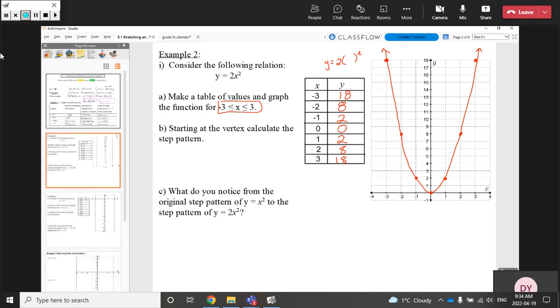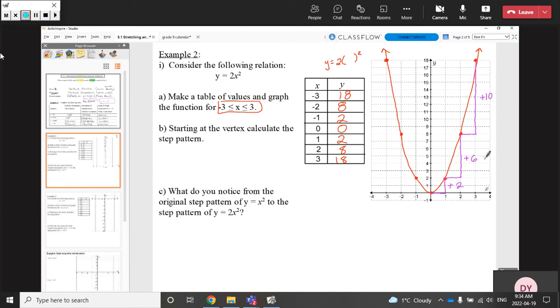It says here, starting at the vertex, calculate the step pattern. So we're going to start here at the vertex, and every time we go over 1, the way we go up or down becomes our step pattern. So over 1, notice we go up 2, so +2. Over 1, 1, 2, 3, 4, 5, 6, +6. Over 1, 1, 2, 3, 4, 5, 6, 7, 8, 9, 10, +10.